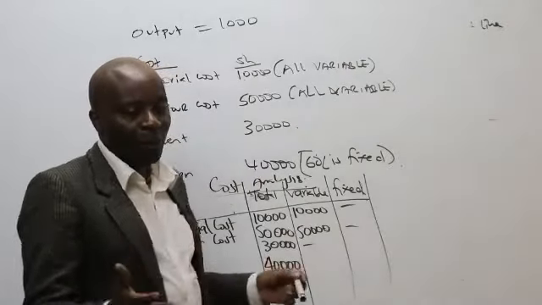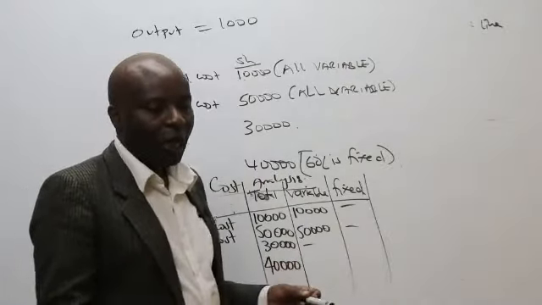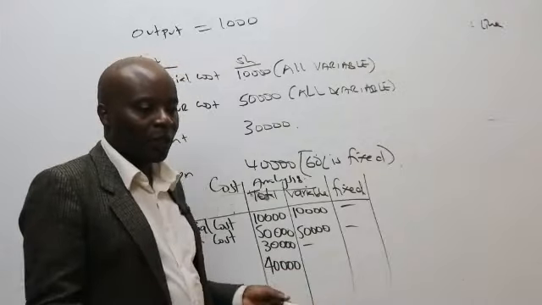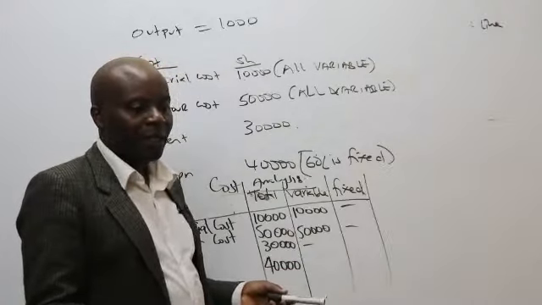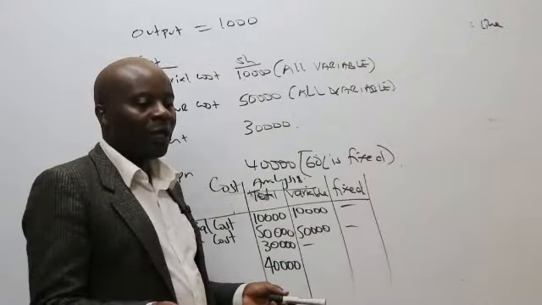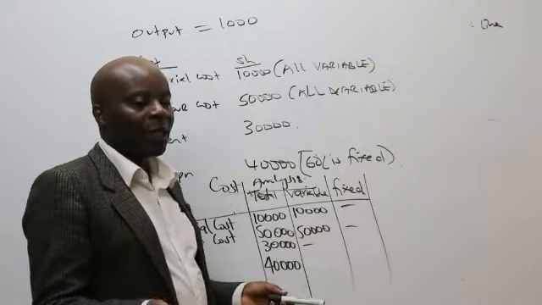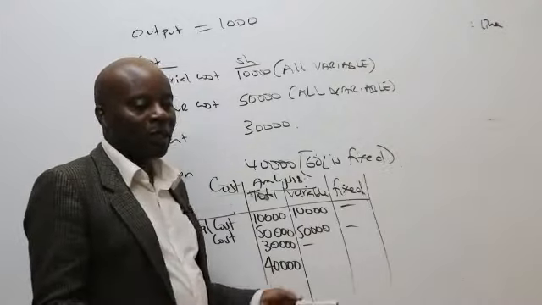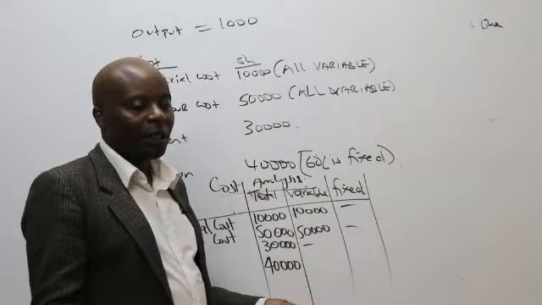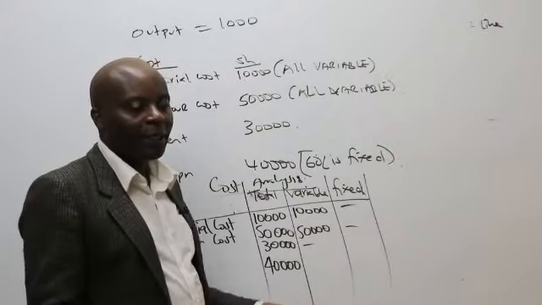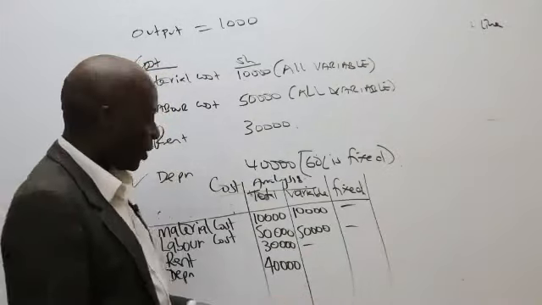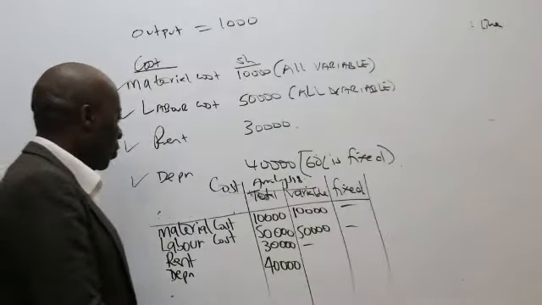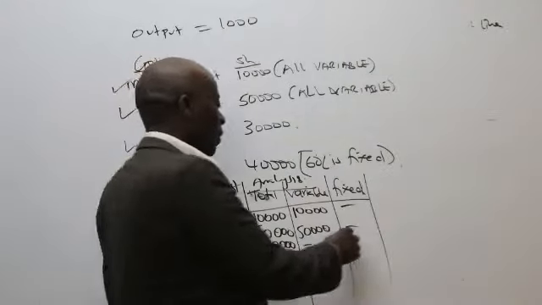For example, for this particular classroom, even if I get one student, two students, or 100 students, the Zoom cost, which is the rent they charge us for using their platform per month, is constant. So rent, we have 30,000, which is fixed.